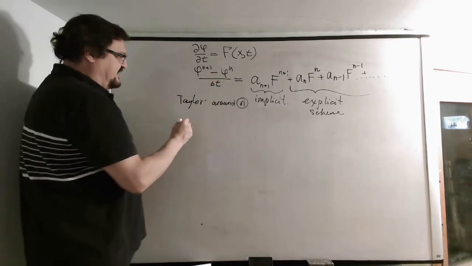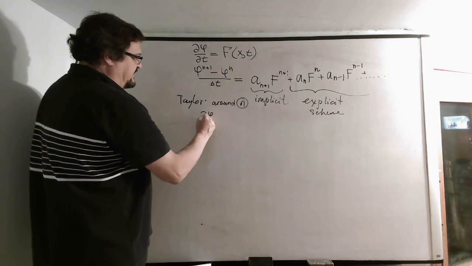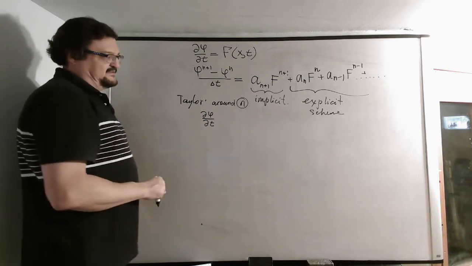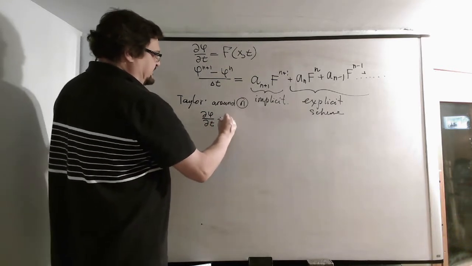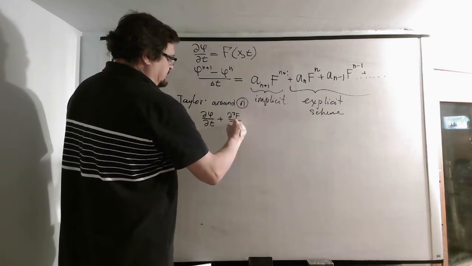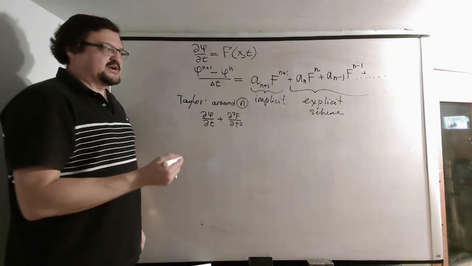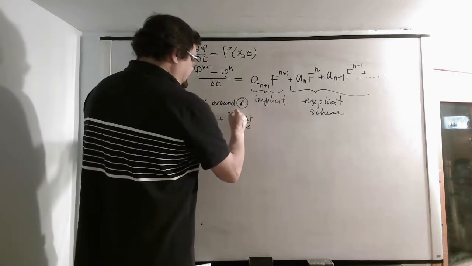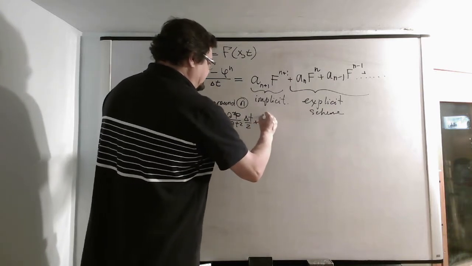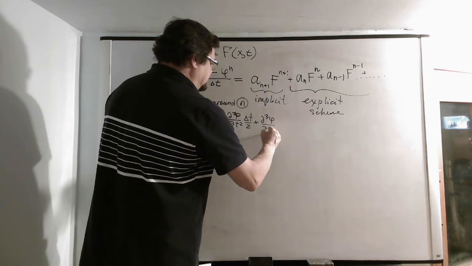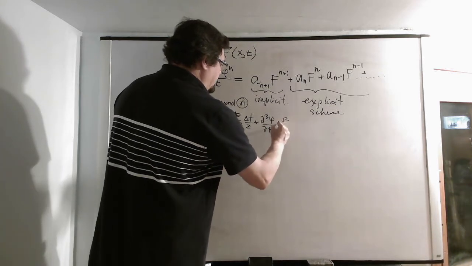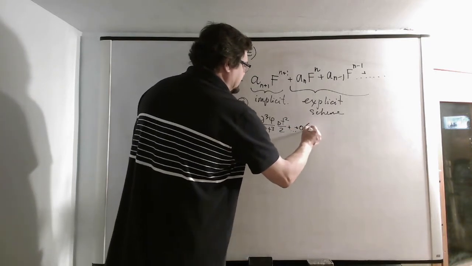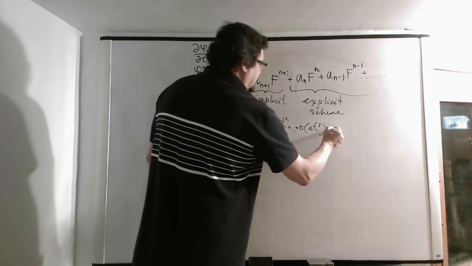I will write it right away as d phi dt, since it's times dt and divided by dt, plus the second derivative times delta t squared over 2 divided by delta t, so it becomes delta t over 2 d squared phi dt squared, plus the third derivative d cubed phi dt cubed times delta t squared over 6, plus and so on, plus some order of delta t cubed. So that equals the right hand side.